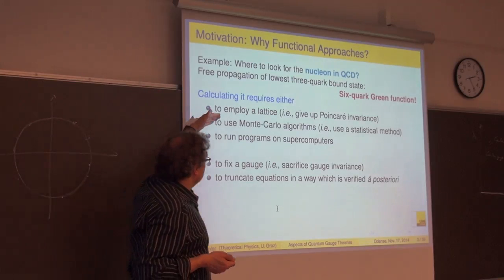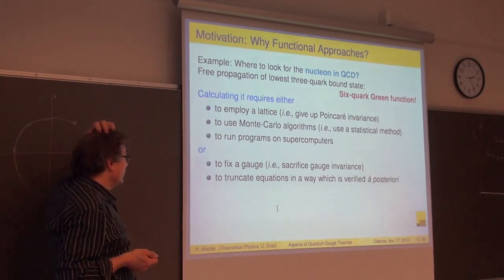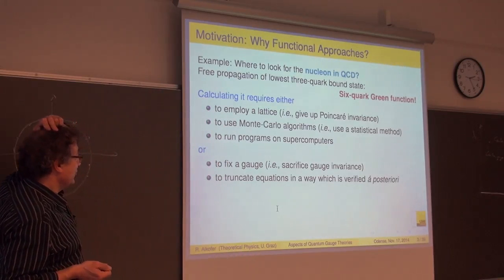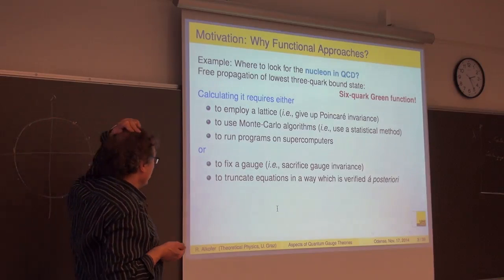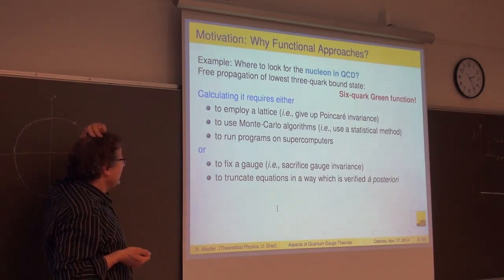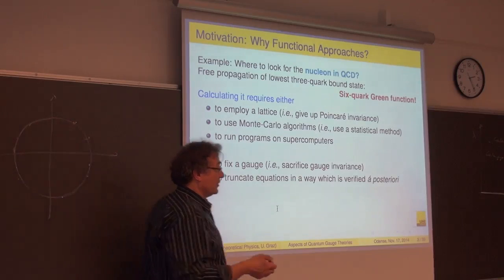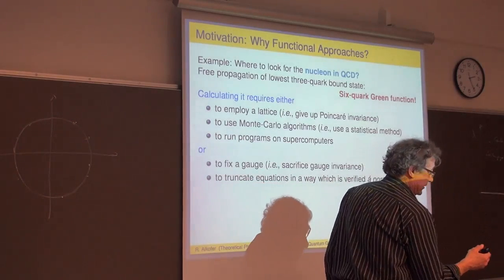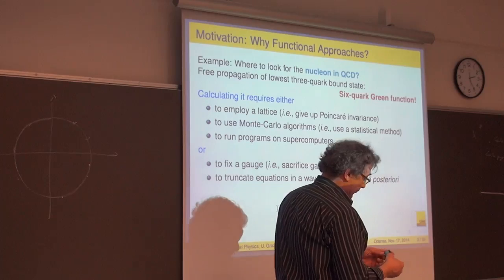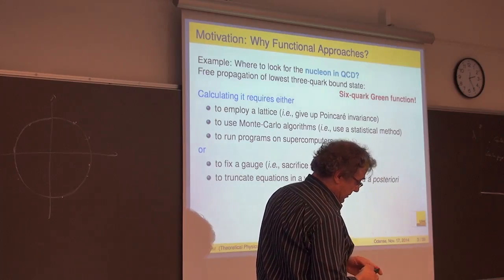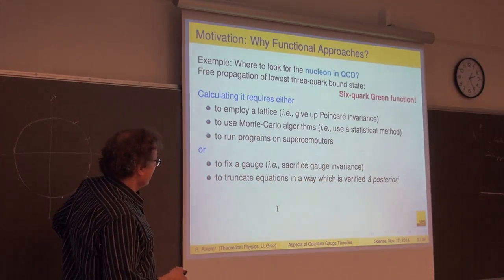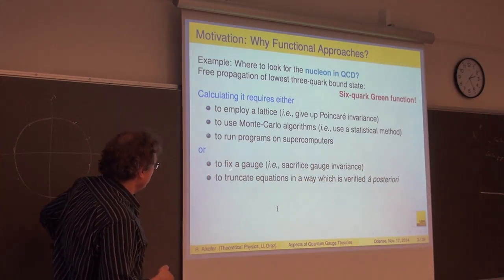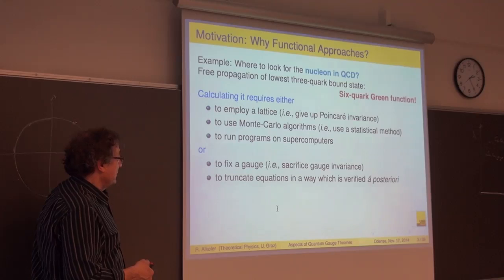Okay, so if you want to do otherwise, what choices do you have to make some statement about quantum field theories in the strong interaction domain? If you want to keep here a continuum description, you need to fix a gauge.